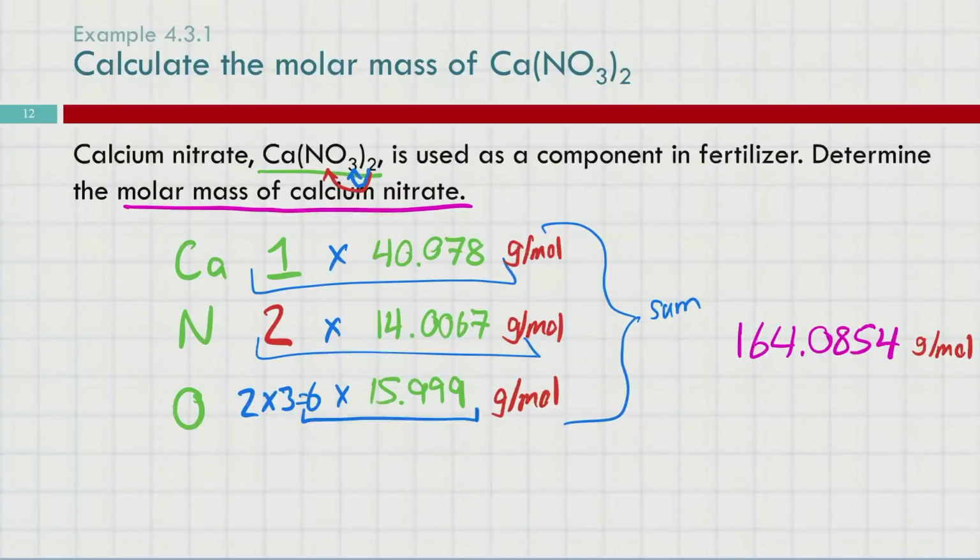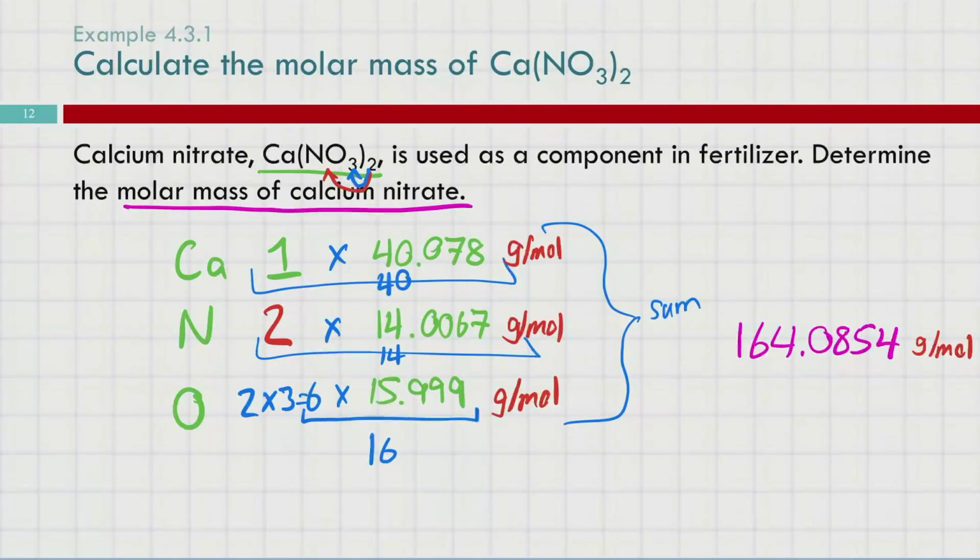For molar masses, don't bother with the significant figures. Just don't worry about it. It's not that big of a deal. As long as you're using at least the numbers on your yellow sheet, or like this periodic table in our class, you should have enough decimal places that significant figures will not be limited by your molar mass. If you instead were to use like 16, 14, and 40, that is not enough decimal places.